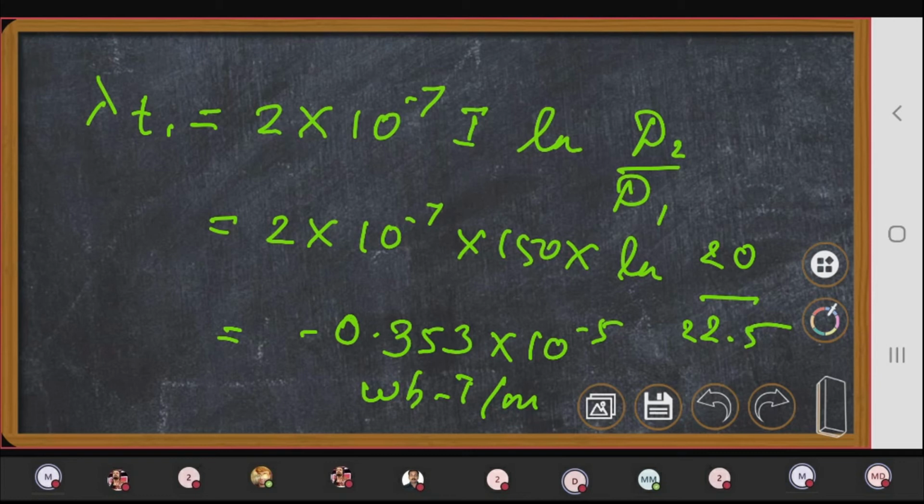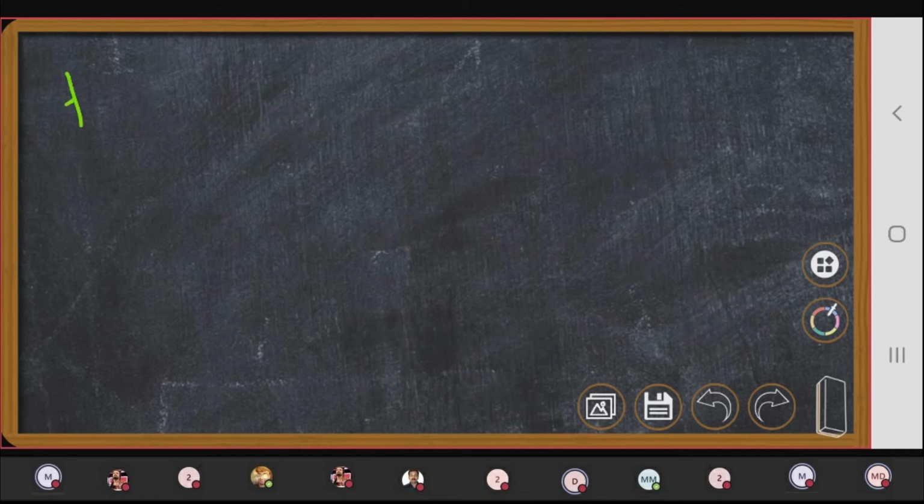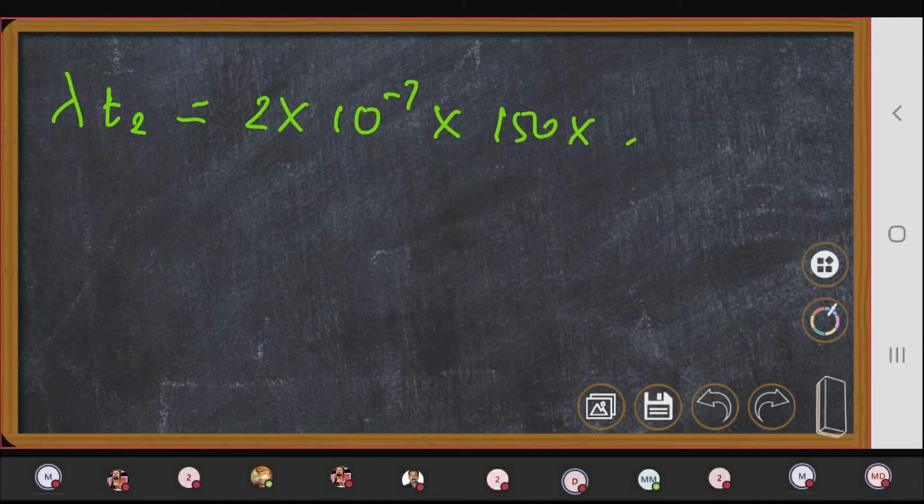Next one is the flux linkage of conductor T2 due to flux between conductor A and B. That is the second flux linkage we have to calculate. So lambda T2 is 2 into 10 power minus 7, current 150, ln of the right hand side.